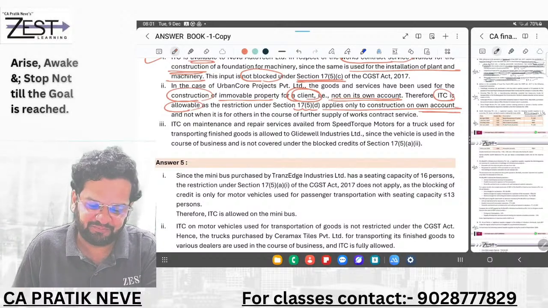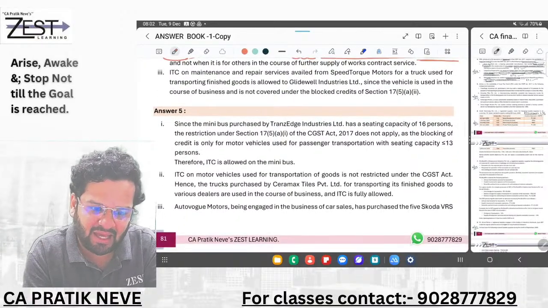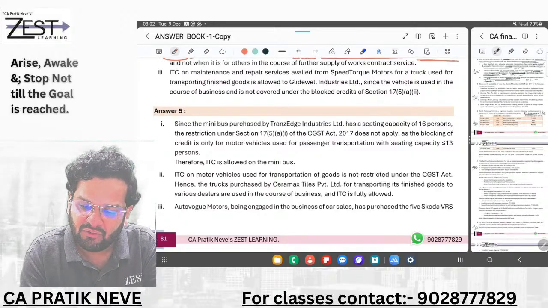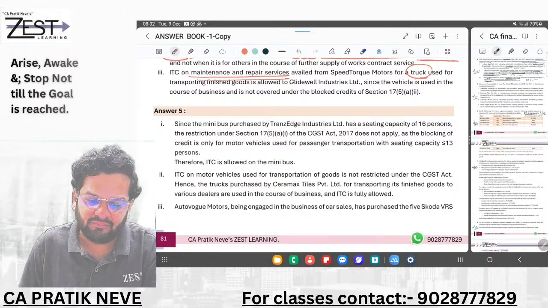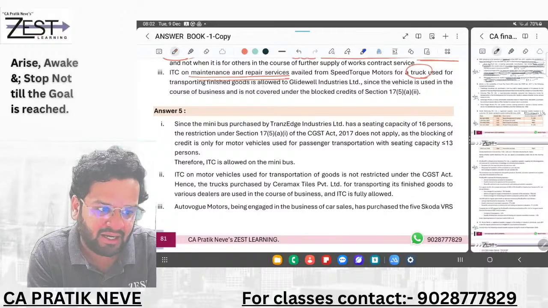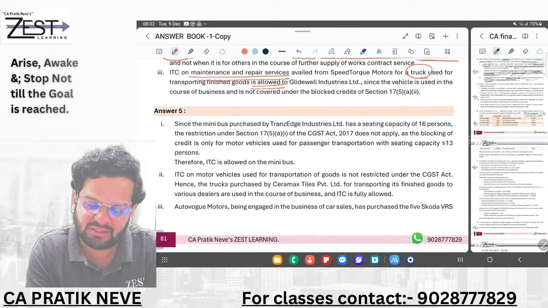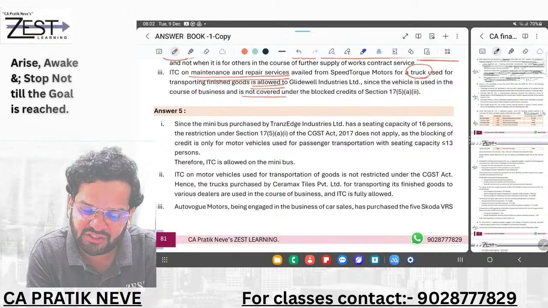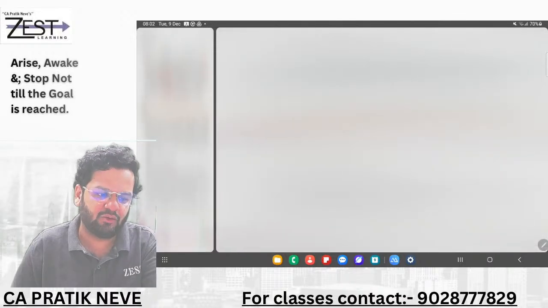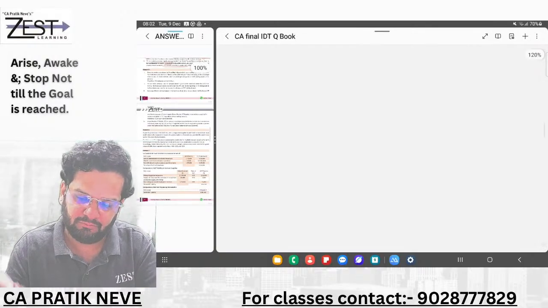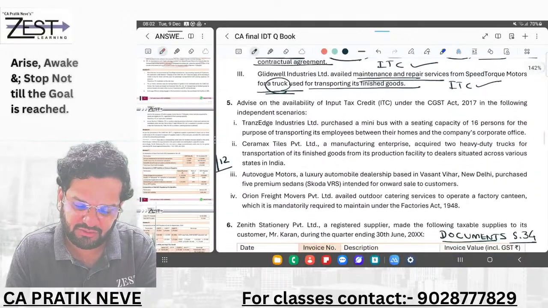and not when it is for others. Then friends, ITC on maintenance and repair service for a truck used for transportation of finished goods will be allowed, as the vehicle is used in the course of business and is not covered under the blocked credits. It is not covered under blocked credits because the block applies only to vehicles used in transportation of passengers.